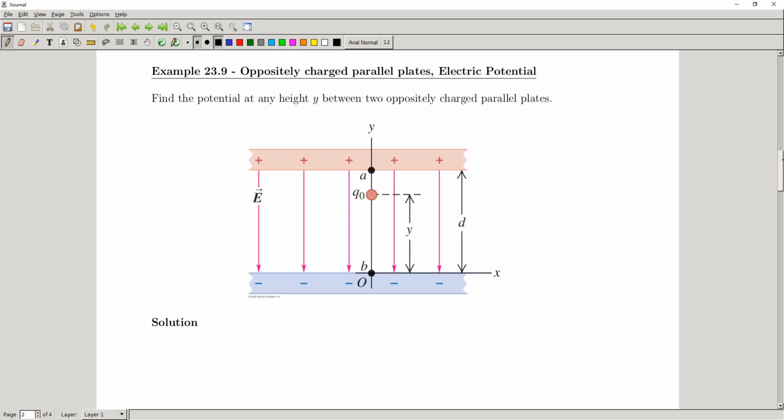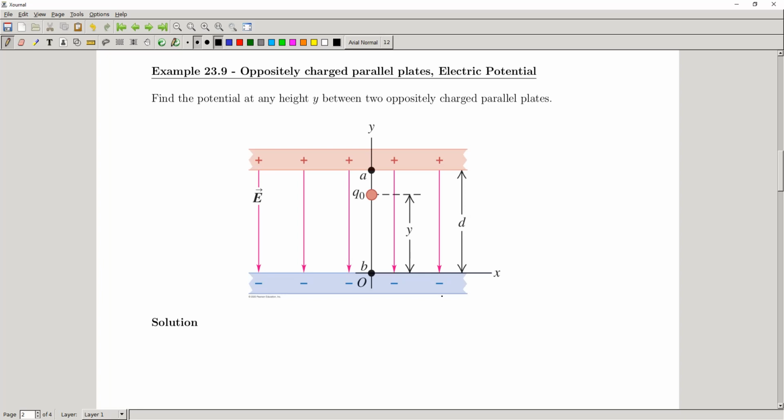So we have a nice diagram here. We have our test charge Q naught. We have some point A at the top positively charged plate, located at a distance D from our bottom plate, where we have a point B on our negatively charged plate.